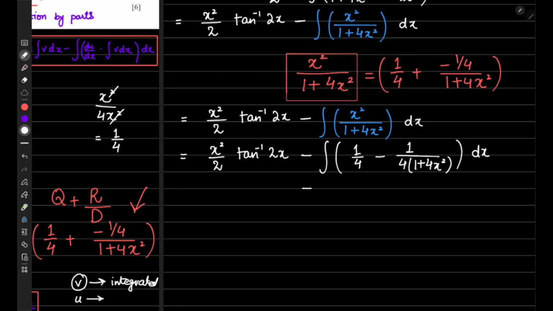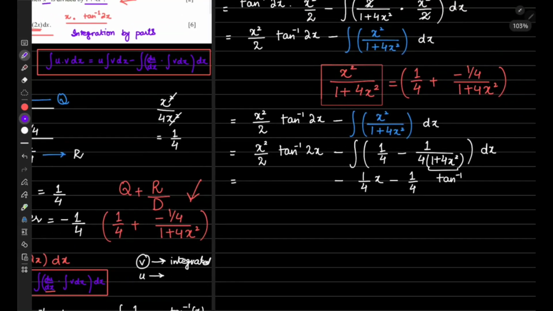Now it will become, the first term will be as it is, integral of 1 over 4 is 1 over 4x, minus, okay, if we just keep the 1 over 4 outside, what is the integral of 1 over 1 plus 4x square? The integral of that is tan inverse of, it is actually this way, integral of 1 over 1 plus 2x square dx.